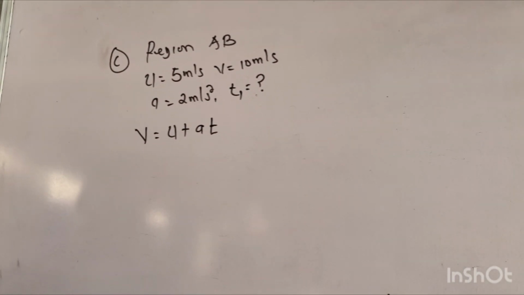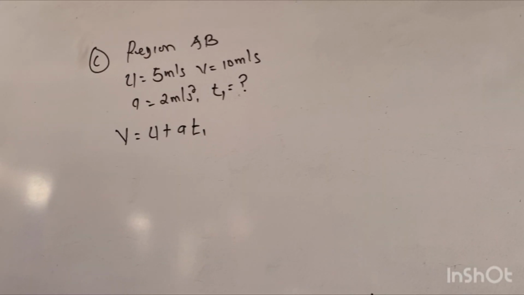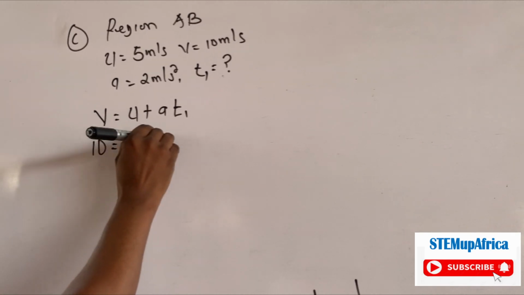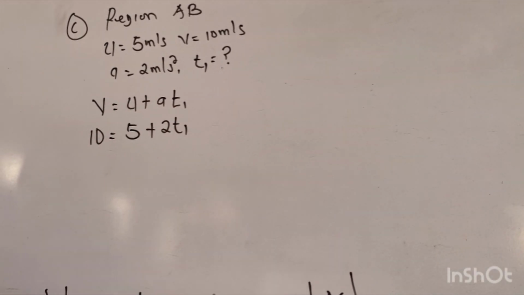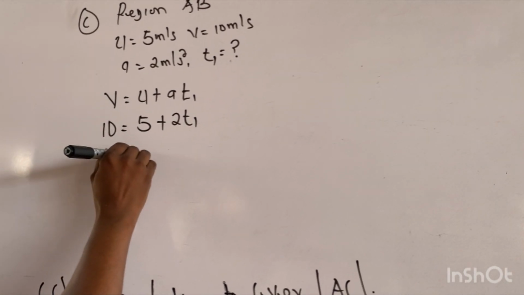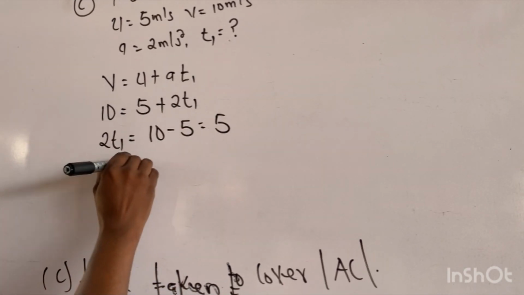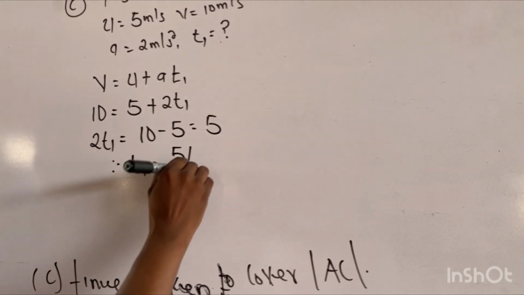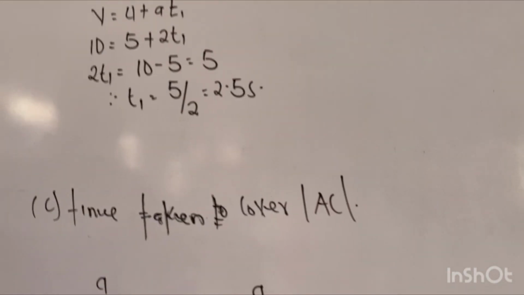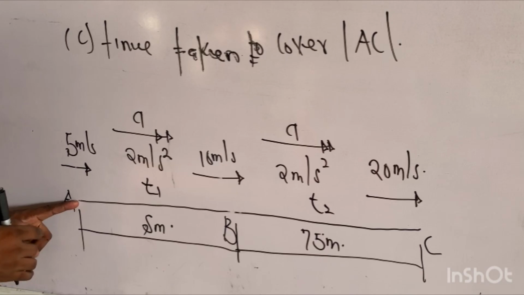I'm characterizing it in the regions, so my t becomes T1. If I fix in my data, I'm having 10 equals 5 plus 2T1. So to find T1, I will collect like terms. 2T1 is simply 10 minus 5, which is 5. Therefore, my T1 is now 5 over 2, which is 2.5 seconds. So it means that the time the body spent from A to B is 2.5 seconds.